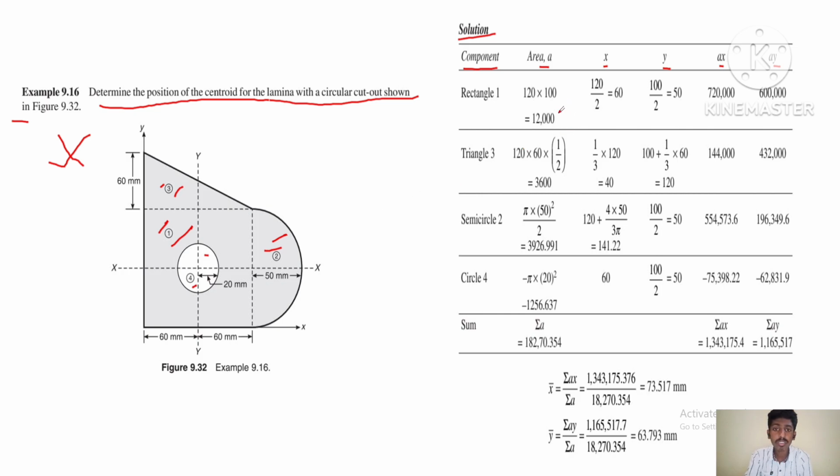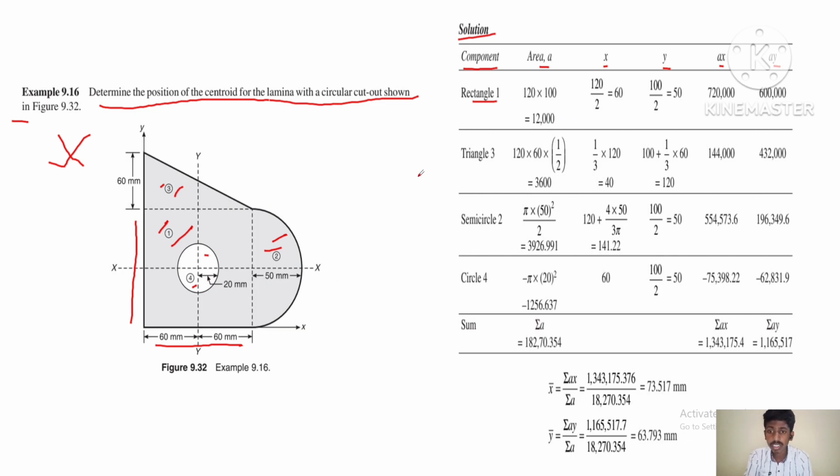First, the area of a rectangle, we are going to calculate it. The area is, as we all know, breadth into depth. So here the breadth is 120 and the depth is 100.